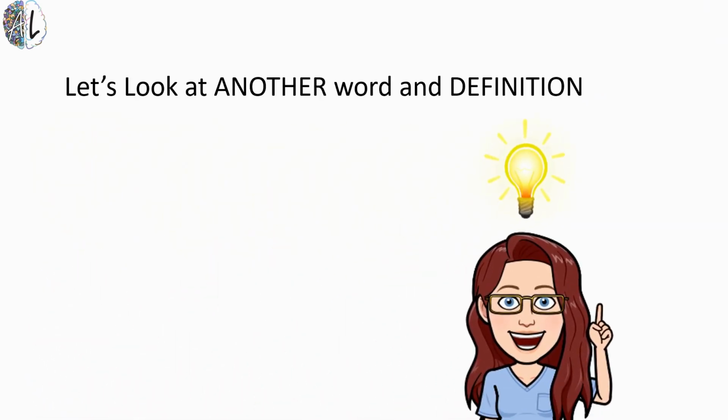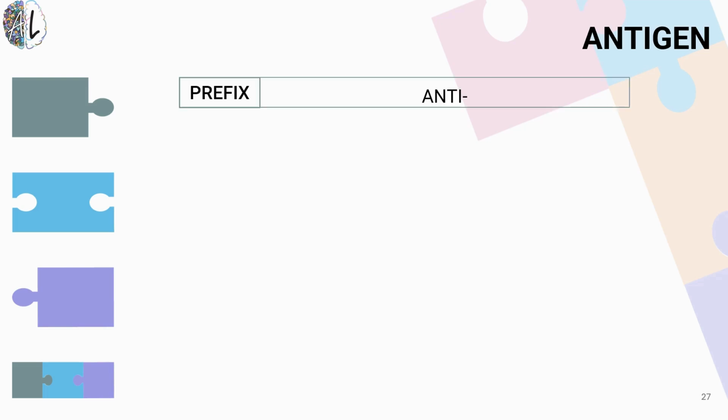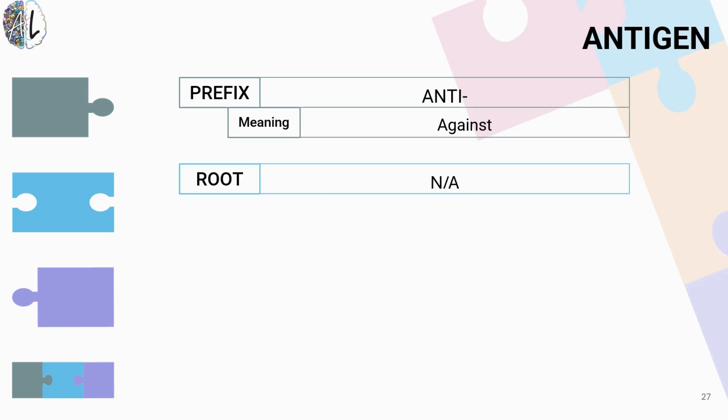Let's try one more. Next up is the term antigen. Antigen. See if you can break apart this word to know what this is. Okay, the prefix in the term antigen is anti, which does mean against.